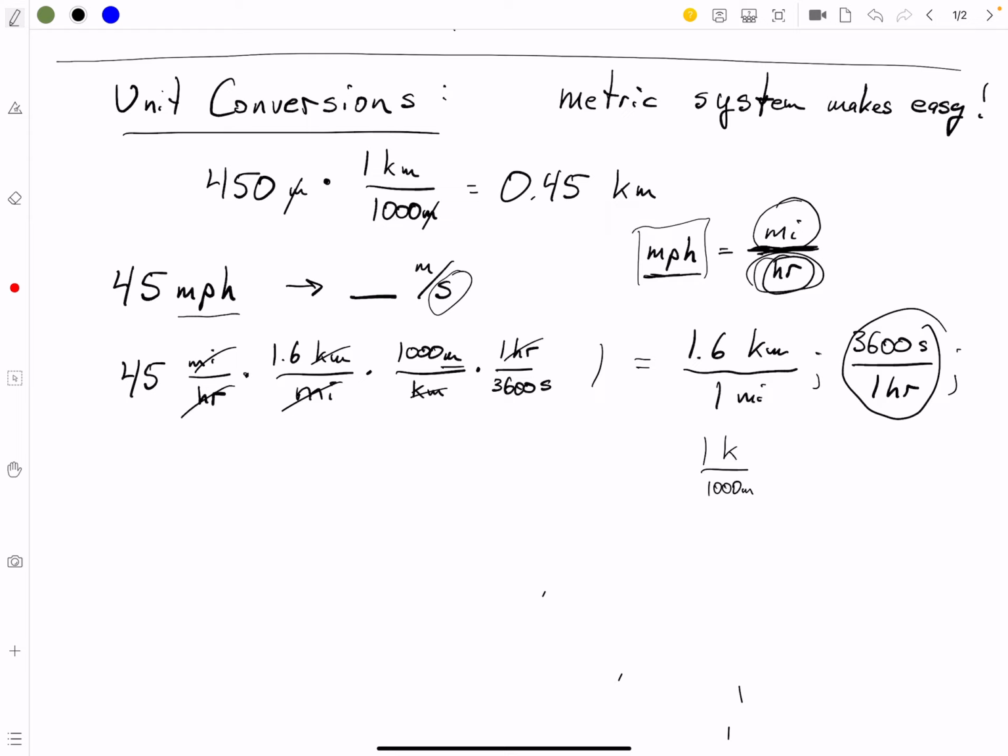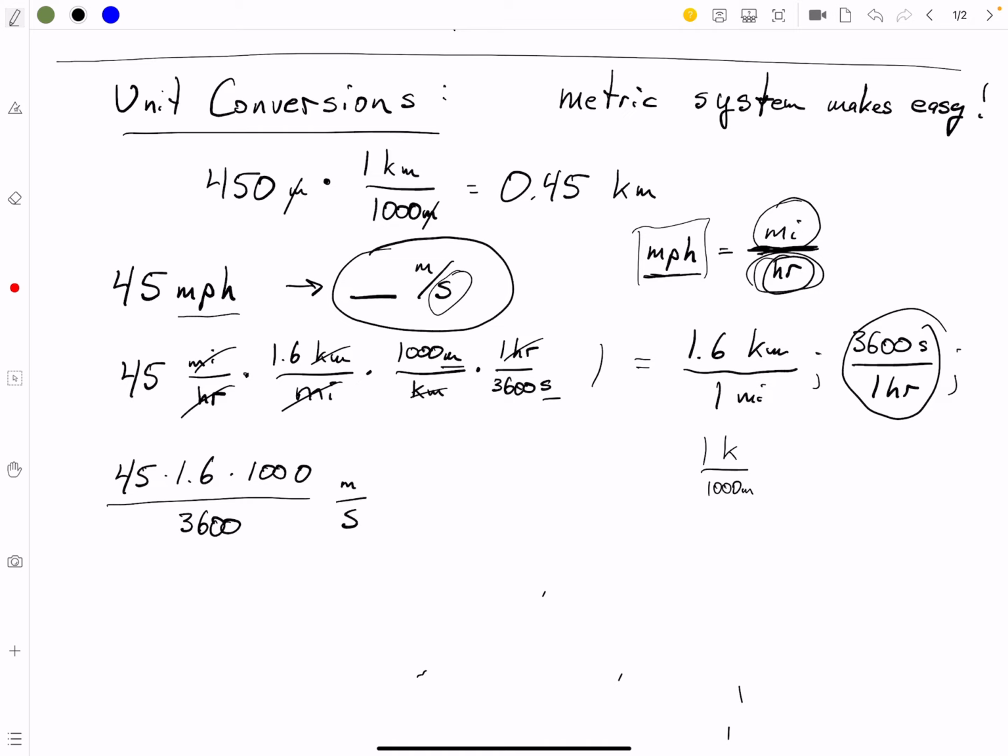We're left with nothing but meters and seconds, and that's exactly what we want, okay? So 45 times 1.6 times 1,000, all divided by 3,600. Let's keep the units right. That's meters per second.